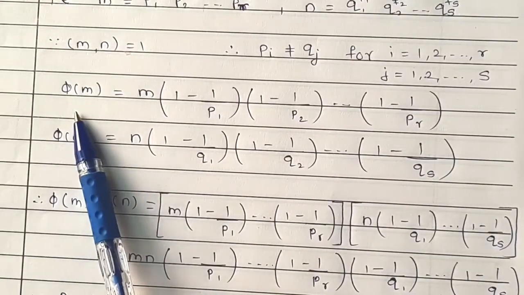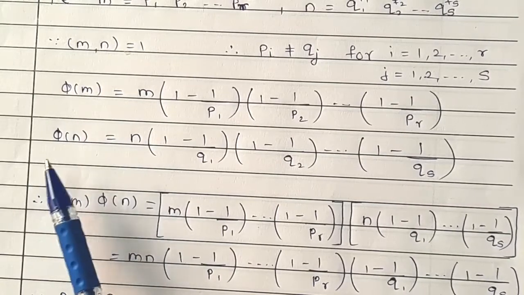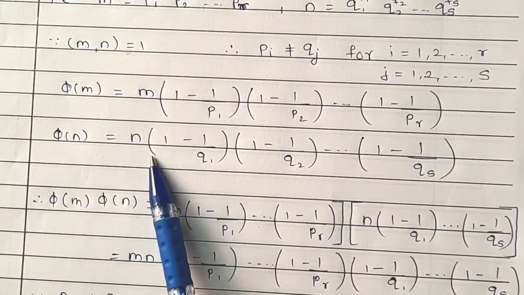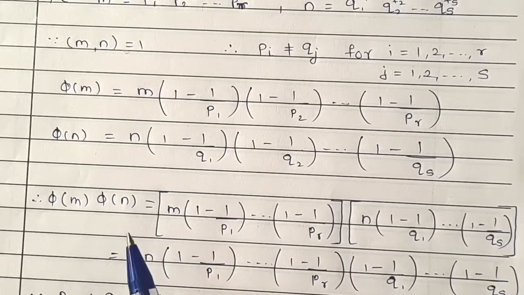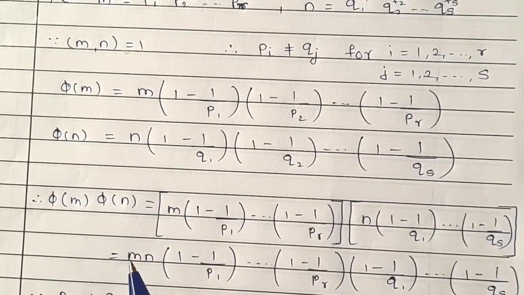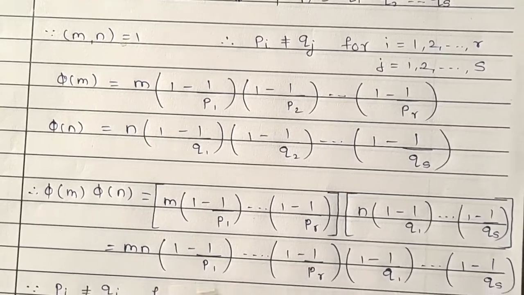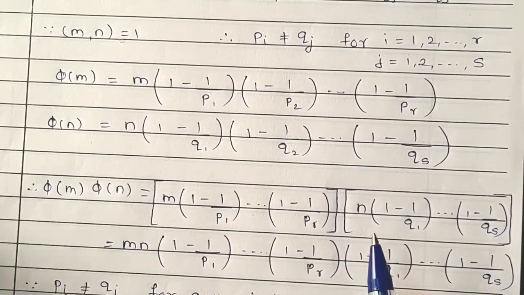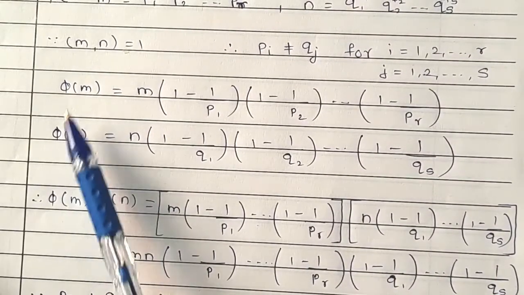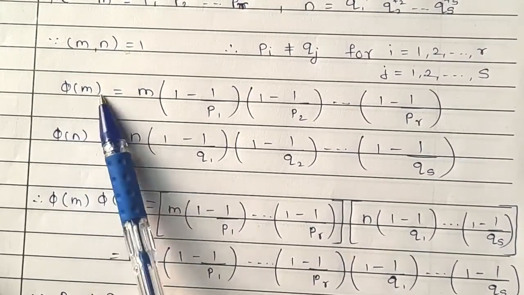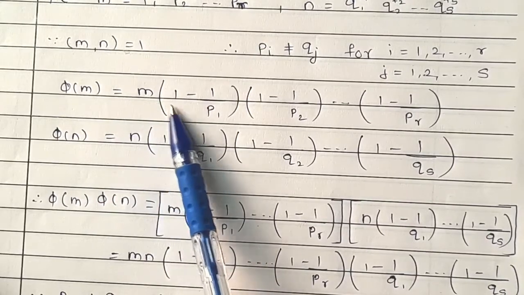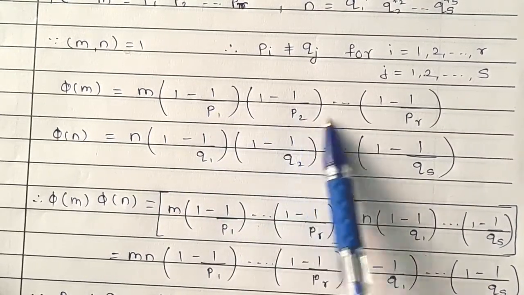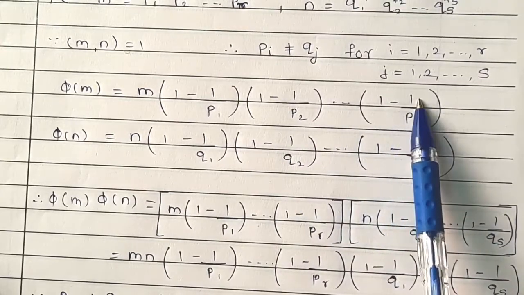Okay, just now we saw how to write phi n. Phi n is equal to n into 1 minus 1 upon p1, 1 minus 1 upon p2, and so on, 1 minus 1 upon pr. Similarly here we write phi m, which is equal to m into 1 minus 1 upon p1, 1 minus 1 upon p2, and so on, 1 minus 1 upon pr.